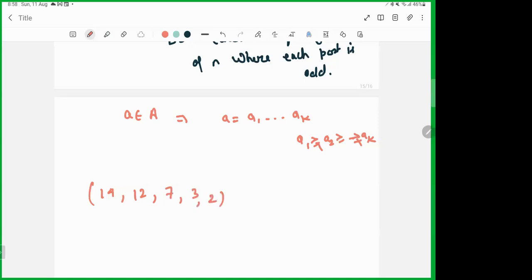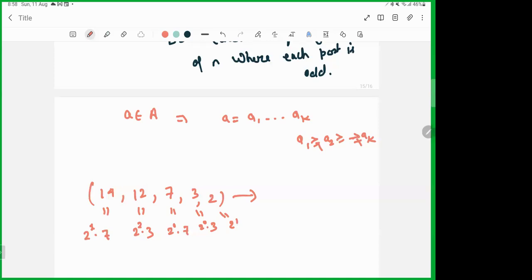It has distinct parts. You want to produce an odd one from this. So how can you write 14? Write the prime decomposition of 14: this is 2 to the power 1 into 7. 12 is 2 to the power 2 into 3. 7 is 2 to the power 0 into 7. 3 is 2 to the power 0 into 3. 2 is 2 to the power 1.